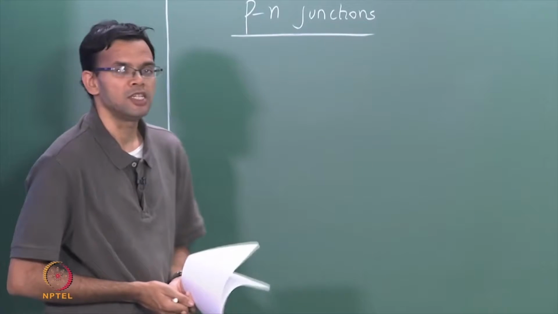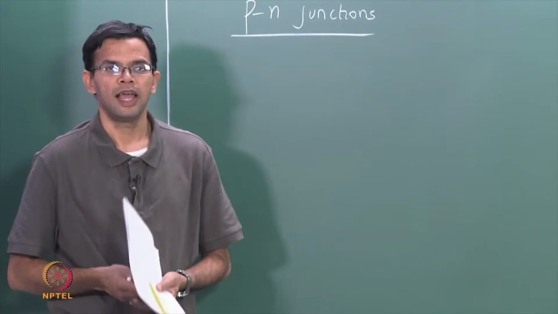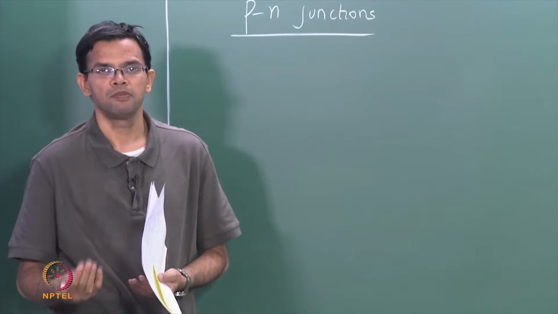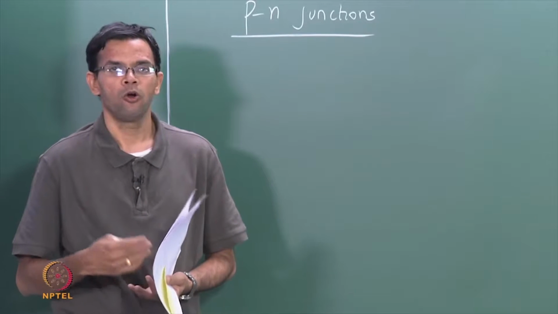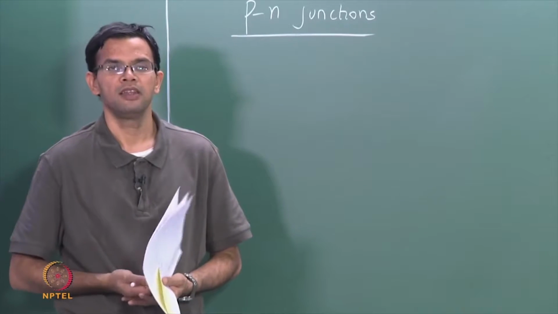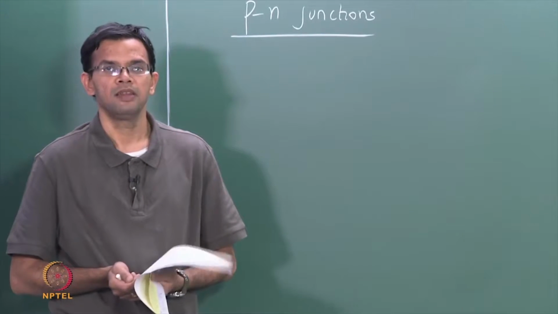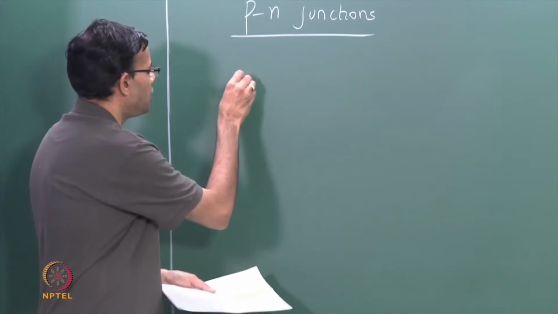When we form a p-n junction, we found that electrons from the n-type move to the p-type, holes from the p move to the n, and they can recombine so that we have a depletion region.